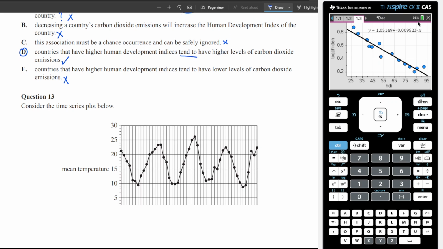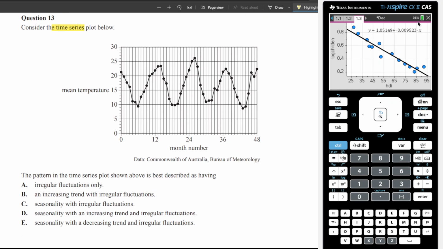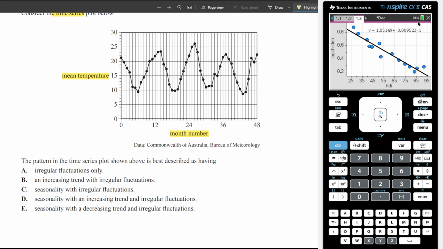Okay, so let's look at question 13. We're dealing now with time series data. Consider the time series plot below. Let's just have a look. We've got month number and mean temp, and we can see that it's going up and down quite a lot. The pattern in the time series plot shown above is best described as having what? There are five options.